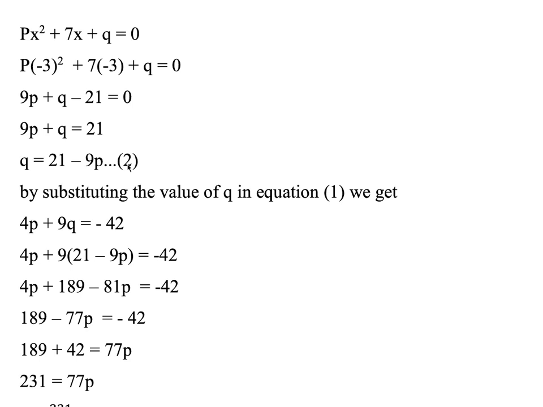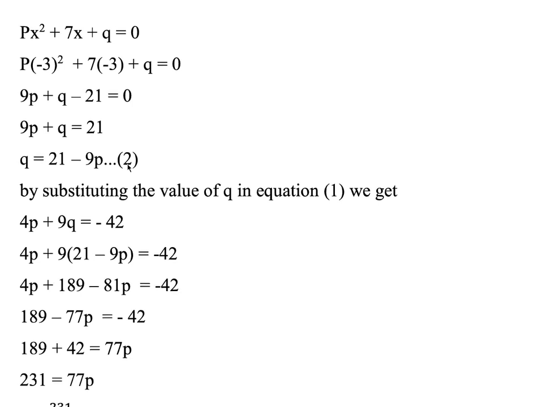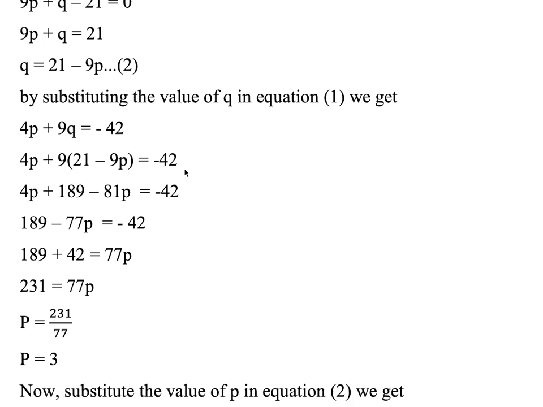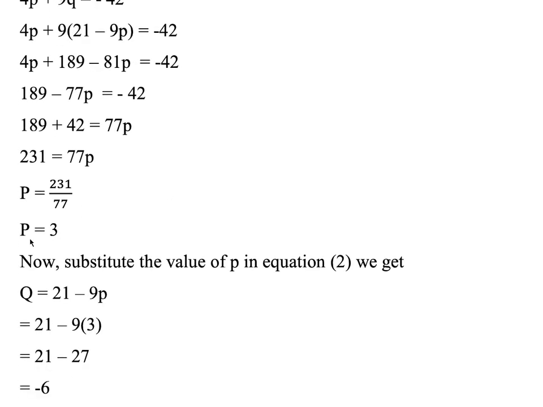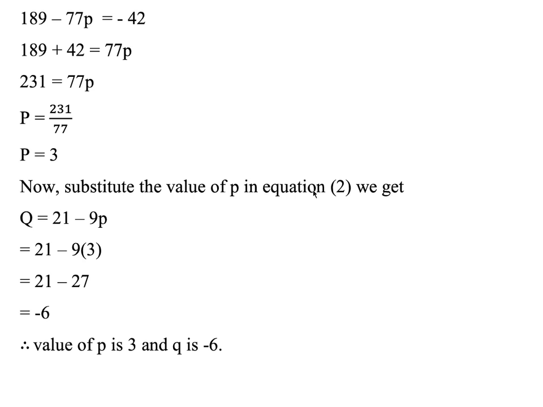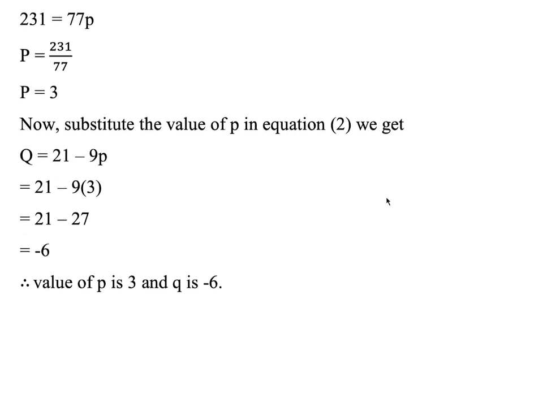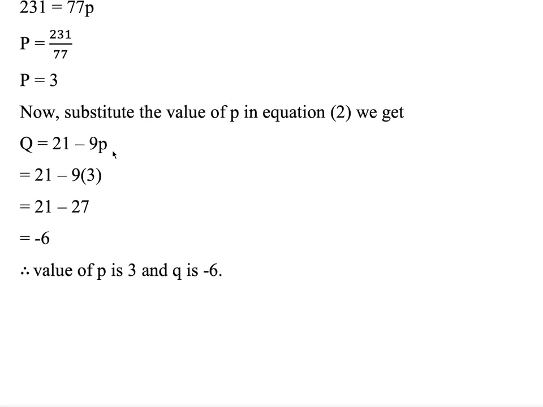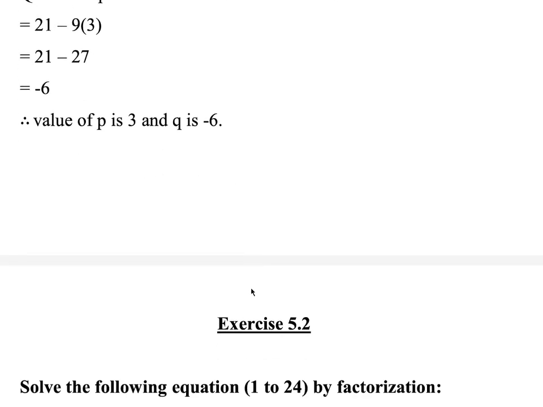You have to place this value in equation number 1 and solve a little bit. You will get p is equal to 3. Now substitute the value of p in equation number 2, q is equal to 21 minus 9p. You will get the value minus 6.